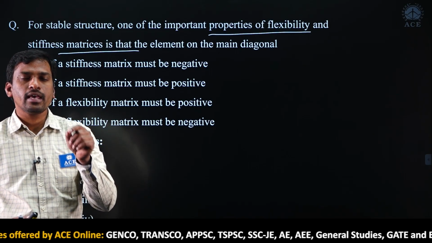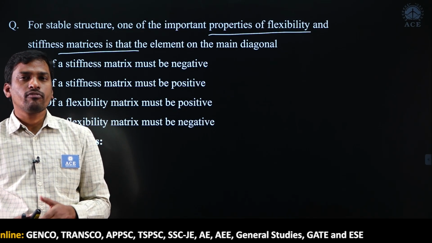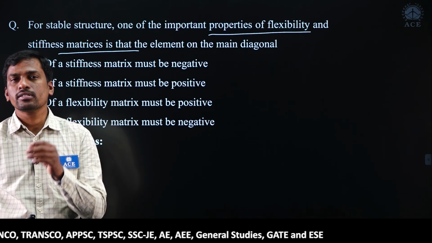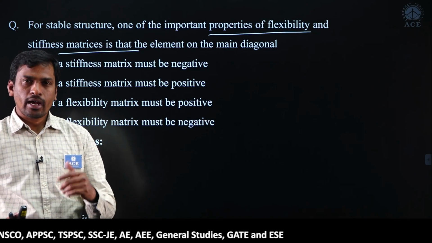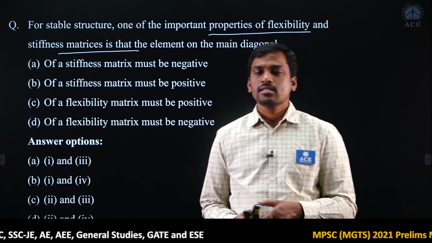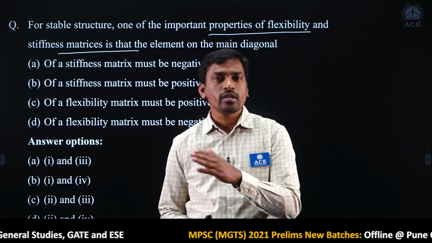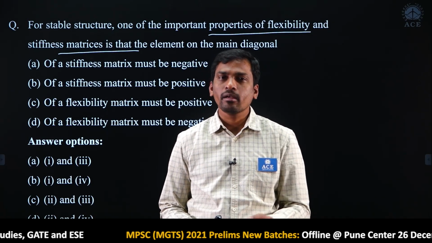The matrix is a square matrix, 3 by 3 size, 4 by 4, this is the square matrix. And the second property is the matrix is symmetric, that is K12 equals K21 or F12 equals F21, yes or no, symmetric matrix.